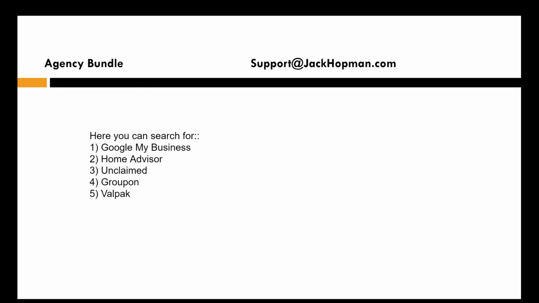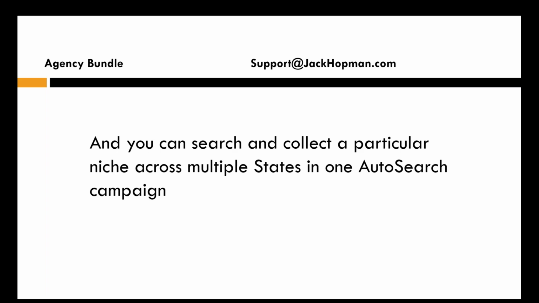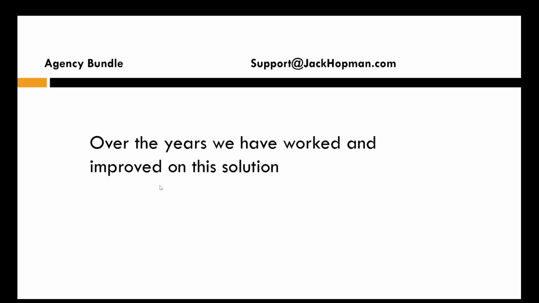Here you can search for Google My Business, Home Advisor, Unclaimed, Groupon, and Valpak. And of course, you can search and collect a particular niche across multiple states in one Auto search campaign. That is new also for the desktop version.